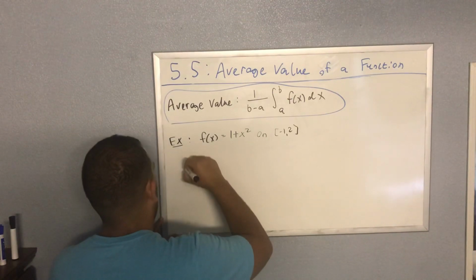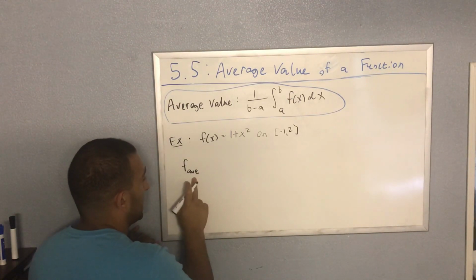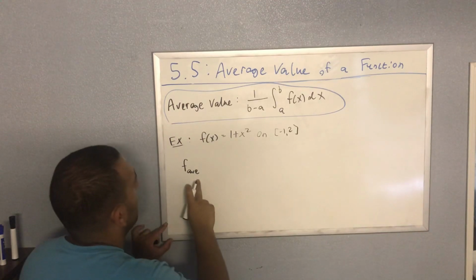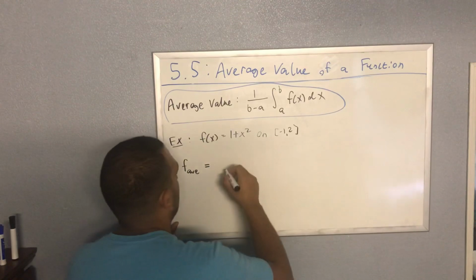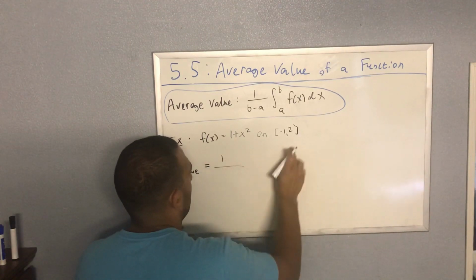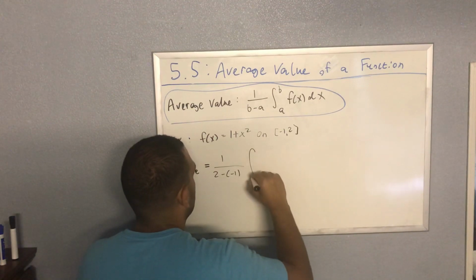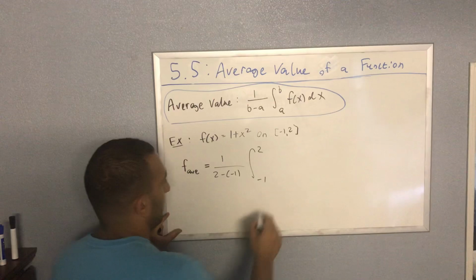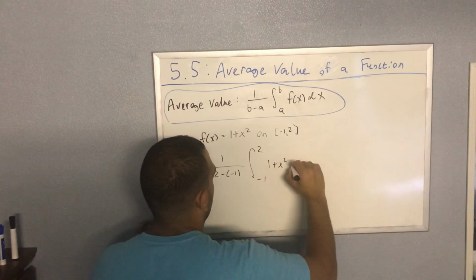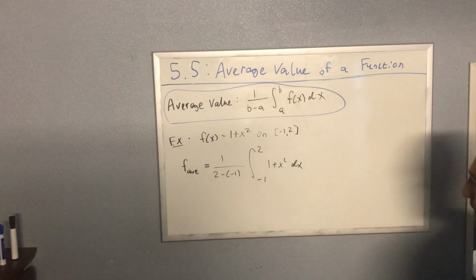So f AVE, this is kind of like the notation for it, f average, is going to be 1 over b minus a, so 2 minus -1, times the integral from -1 to 2 of 1 plus x squared dx.